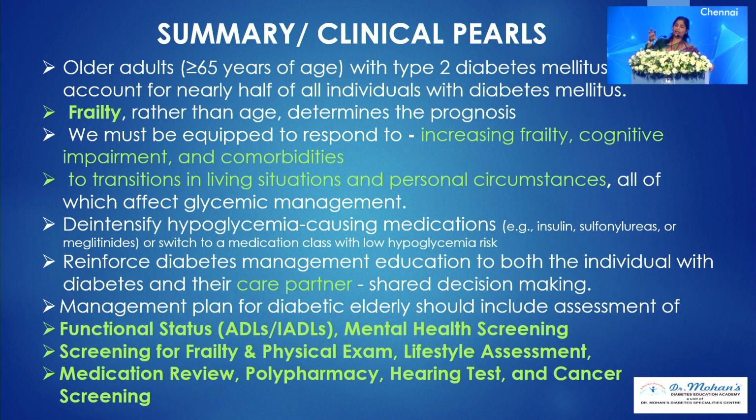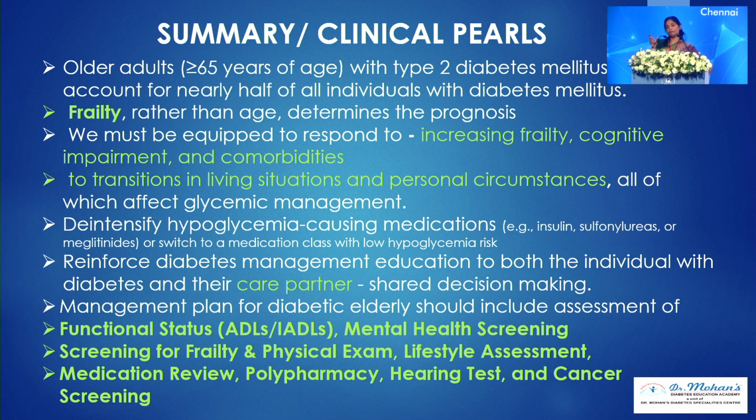And not just that, you also look into changes in their living environment, personal circumstances, bereavement in the family, husband and wife getting older, and insurance change. All these do affect the glycemic control, and we have to look into all of those and de-intensify the hypoglycemia-causing medication, reinforce diabetes management education, not just to the individual but also to the care partner. So as much as possible, let it be a shared decision making.